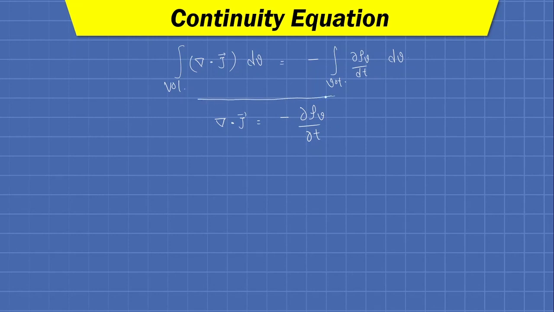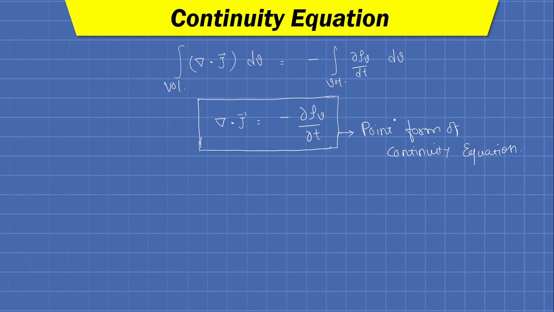And this is nothing but the point form of continuity equation, and it is very important as far as the study of electrodynamics is concerned. Right. This is the point form of continuity equation. Now we can also say that it is the differential form, because in the right hand side we are having the partial derivative. Fine.